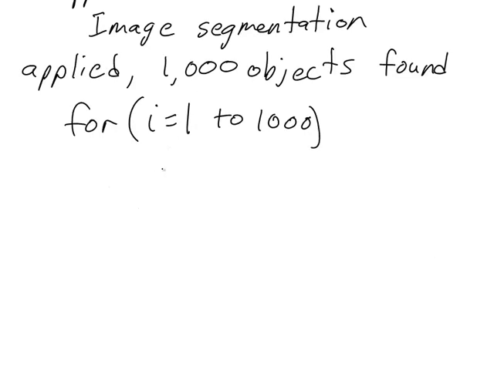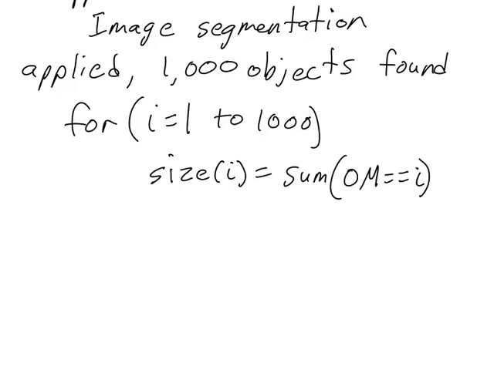Within the loop, we will calculate the size of object I. The size of object I will be equal to the sum of all of the pixels where the object matrix is equal to I. This will tell us the total number of pixels that have been assigned the object label I, and that will tell us the size of object I. Next, we can calculate the height of object I. The height of object I will be equal to the difference between the maximum non-zero row and the minimum non-zero row.